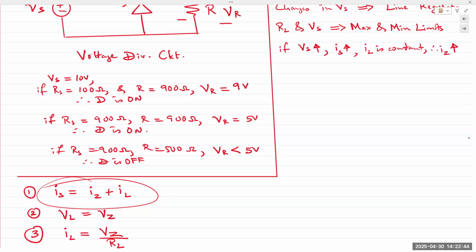If IZ increases, what happens to the Zener diode? It's receiving more power, it's receiving more energy. So the power dissipation increases. In electronic devices, most of the power dissipation is released as heat. Devices get hot. Hence, there is a maximum power rating on these devices.